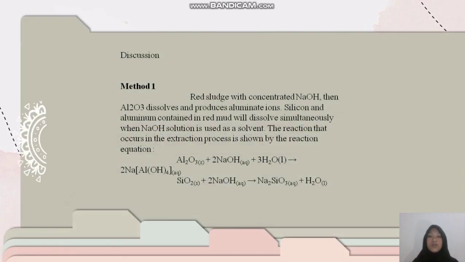Discussion, Method 1. Red mud is treated with concentrated NaOH, then Al2O3 dissolves and produces aluminate ions. Silicon and alumina contained in red mud will dissolve simultaneously when NaOH solution is used as the solvent.